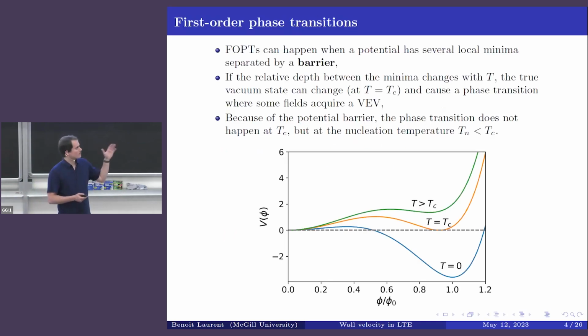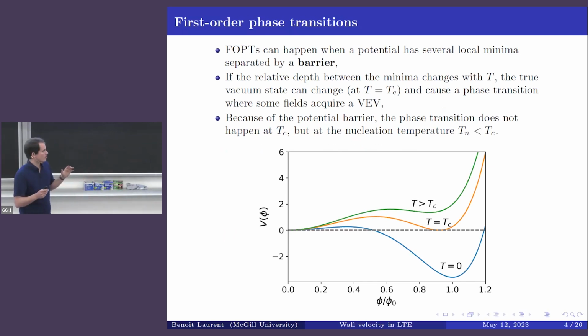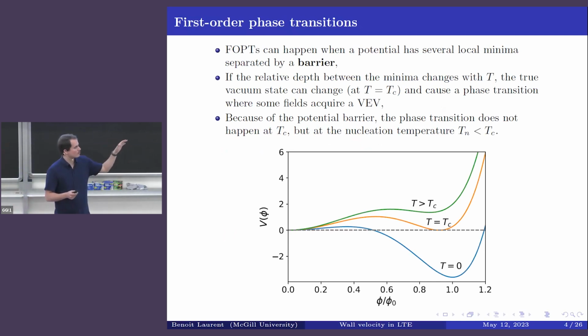So basically, to get a first order phase transition in the early universe, the starting point of that discussion is usually some scalar field, which depends on some potential like we see here.